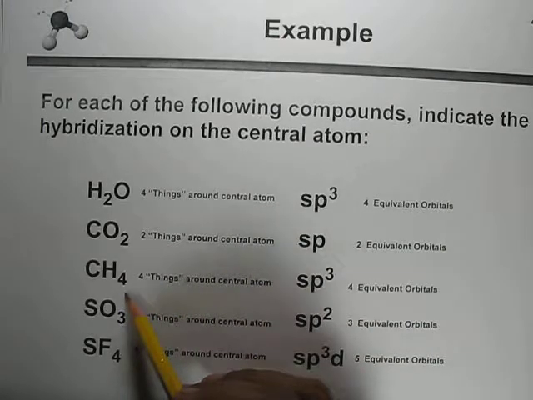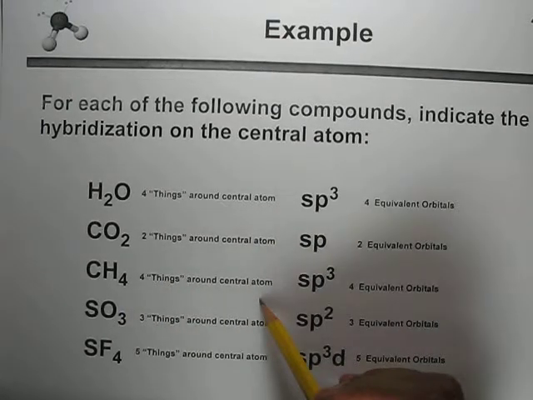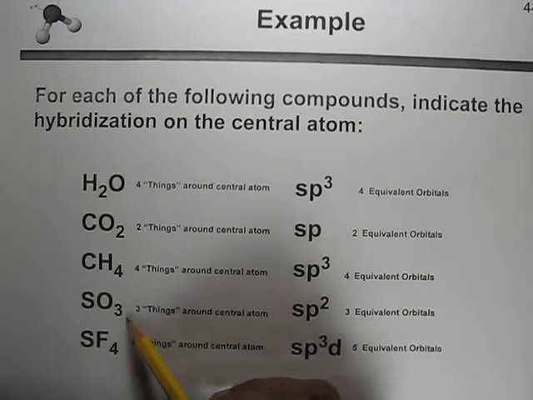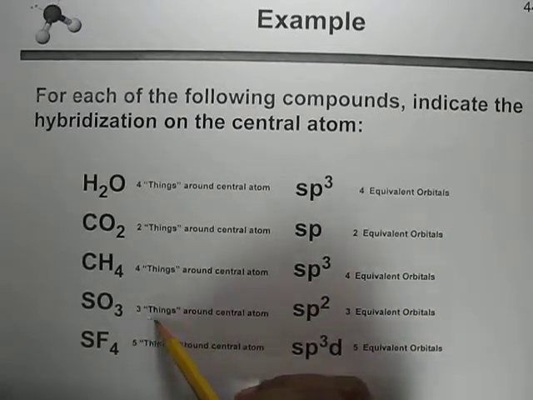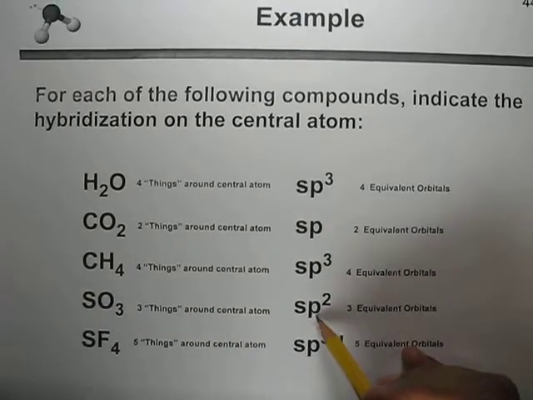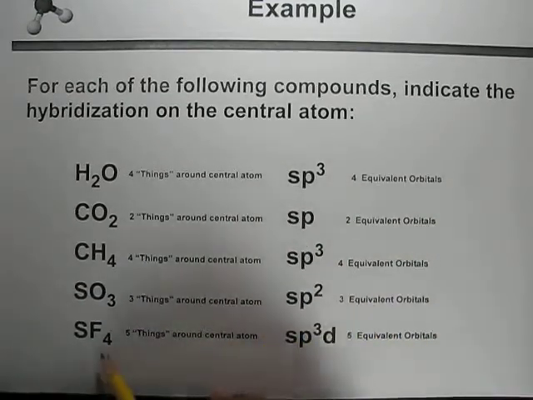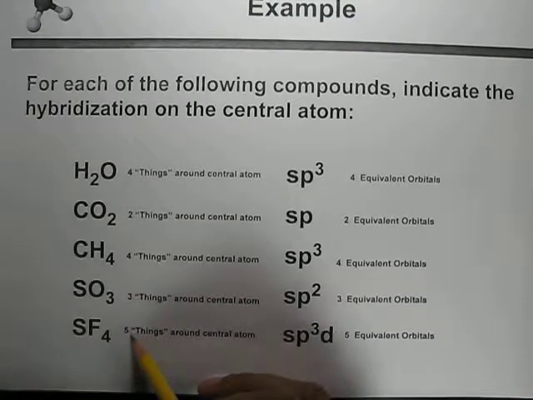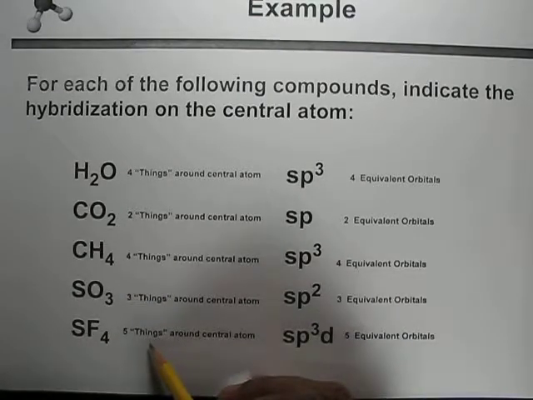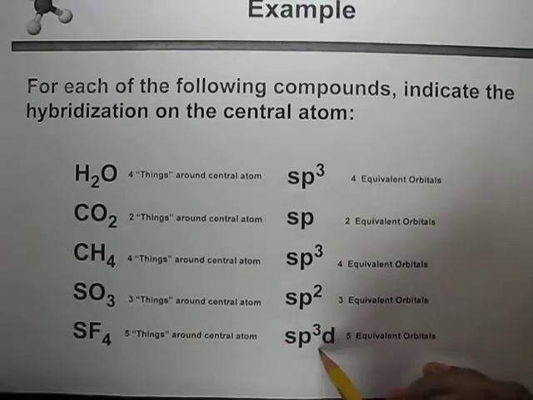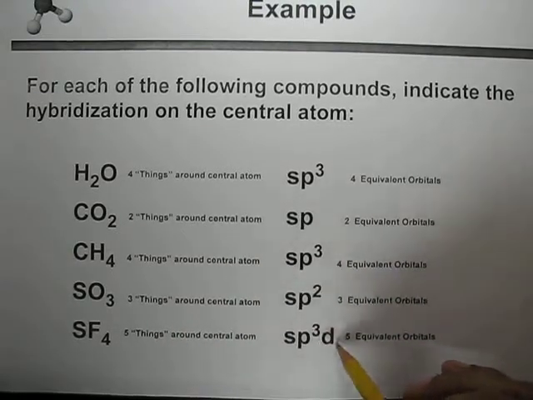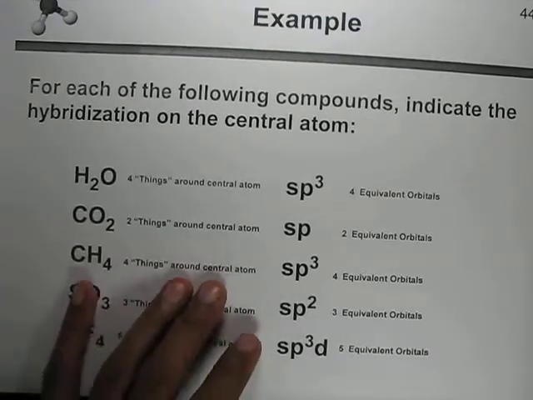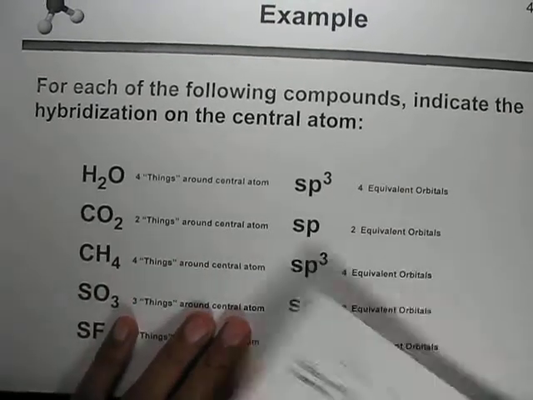In case of CH4, 4 things are around the central atom, sp3 hybridization. In case of SO3, three things around the central atom, and sp2 hybridization. Likewise SF4, when we draw the Lewis structure, we get five things around the central atom, and the hybridization will be sp3d. So let's review these examples one by one.